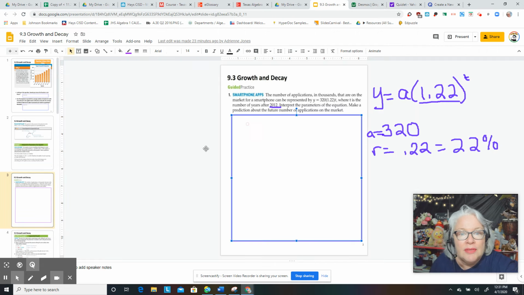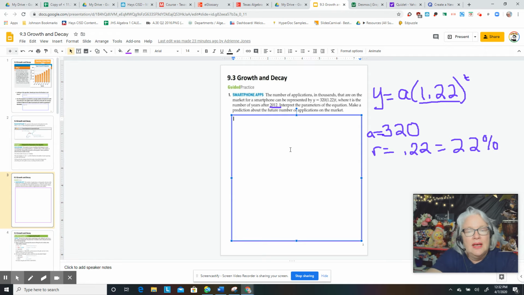So come over here. Remember, this is your type here box. So you can type the initial value is 320, which means the number of applications is 320,000 in 2012.